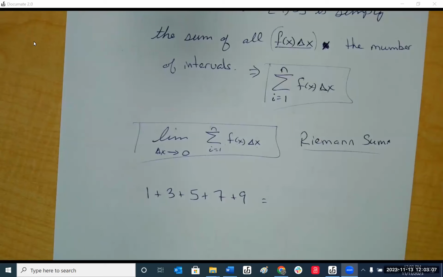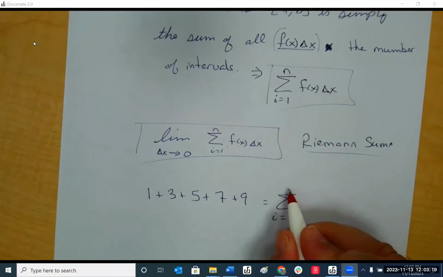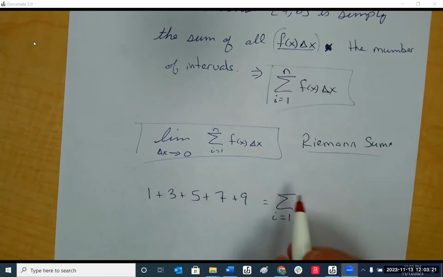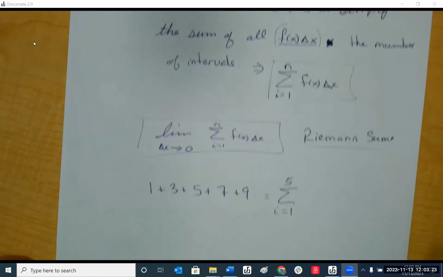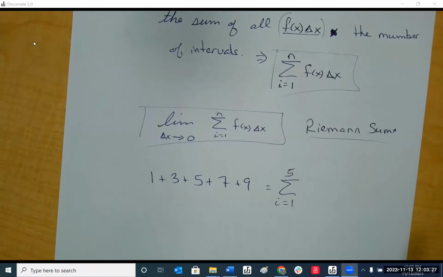But you have to use a summation. Well, you start at 1 and go to 1, 2, 3, 4. But now you have to have the function there.